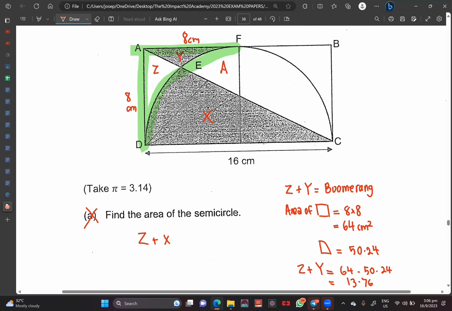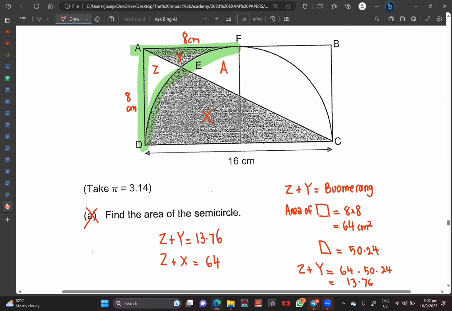Z plus X. Can you see that this is a triangle? So what I want to do next is to ask myself, can I use repeated identity to help me solve? What do I mean? Let me write it out for you to see. Since Z plus Y equals 13.76, do you agree that Z plus X equals 64?